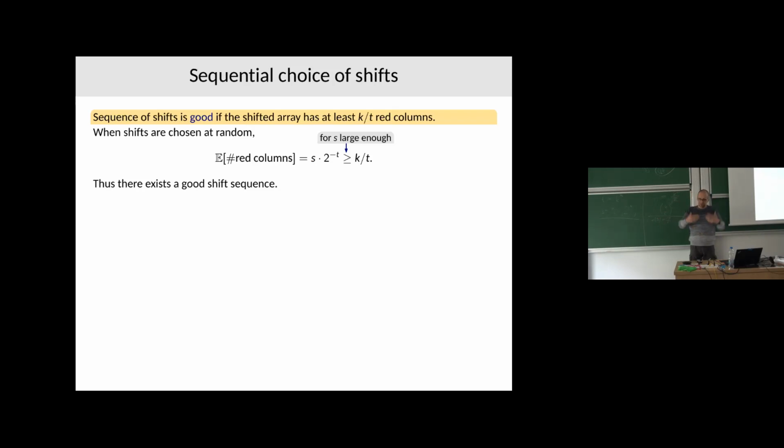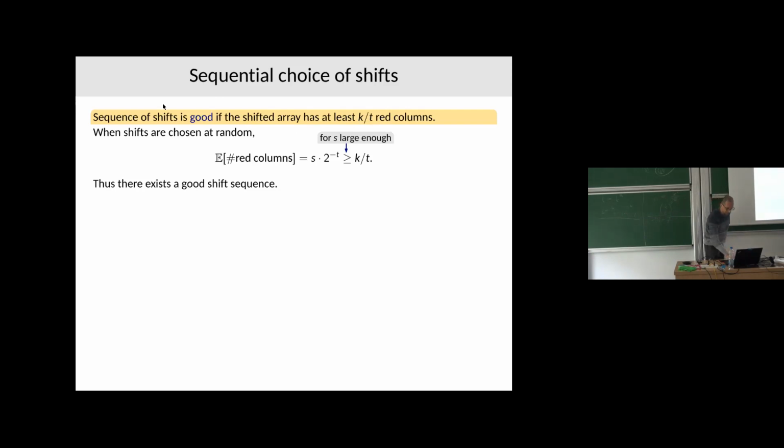This argument doesn't show it directly, but it seems to suggest that quite a number of these shifts would be good. Okay, a sequence of shifts is good if the shifted array has k over t red columns, so the desired number of columns. So exactly what we expect, at least.